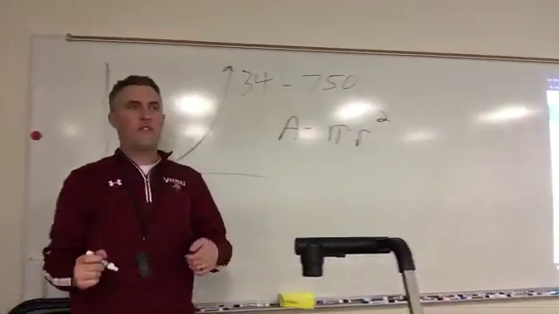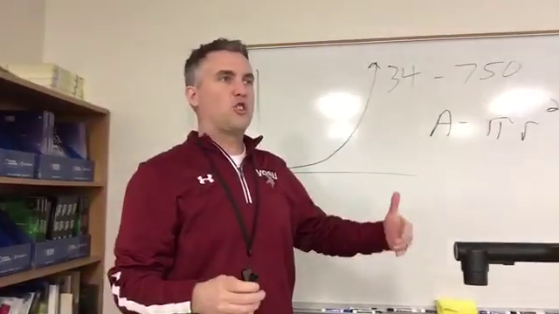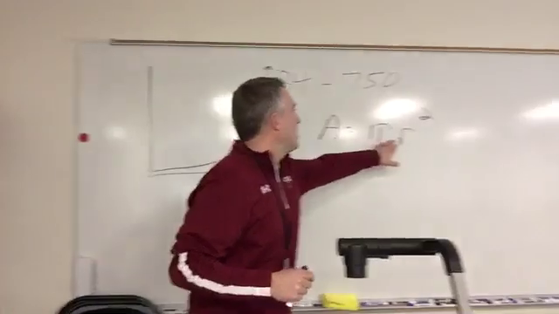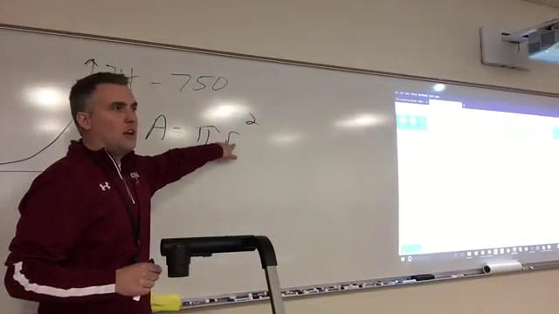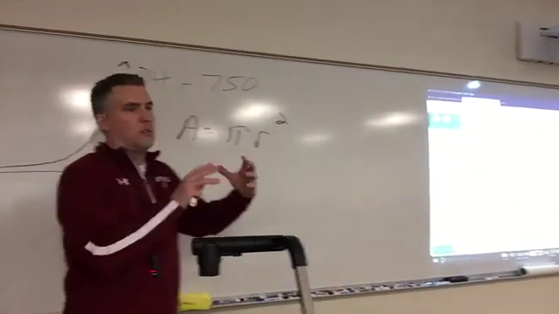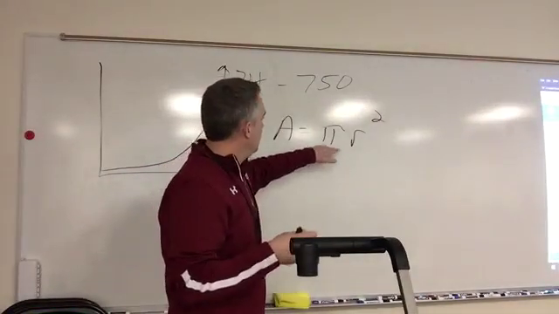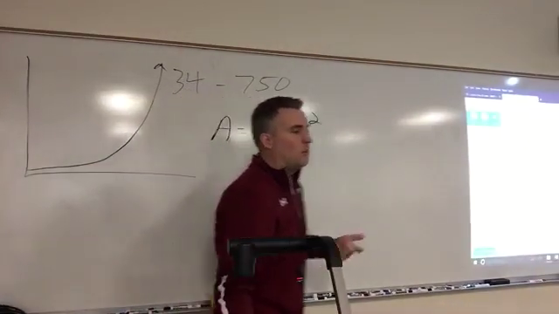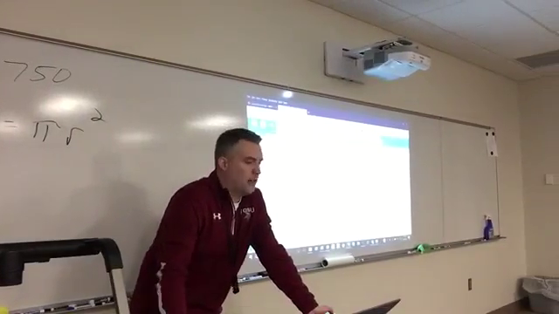If you were to graph that, what degree polynomial or what shape would it make? It's a quadratic because it's not x squared, it's r, but we're using r for the radius. So an area of a circle, as the radius increases, of course that's as the diameter increases as well, is going to be 3.14x squared. So what model is my best fit here? It should be quadratic. Yep.